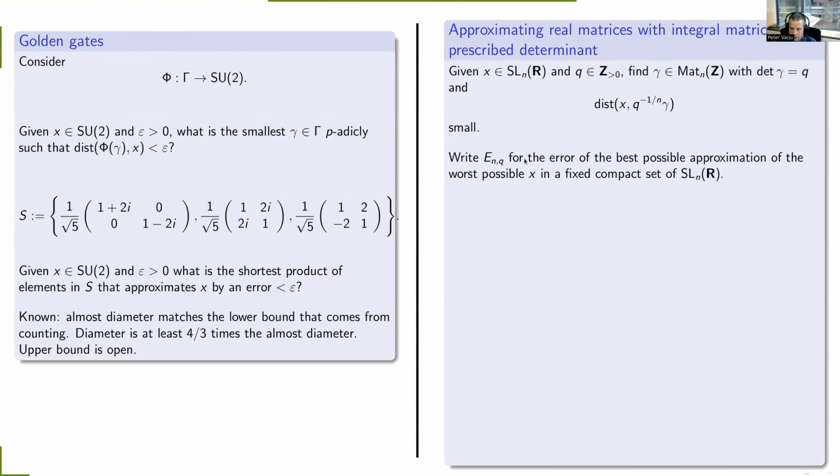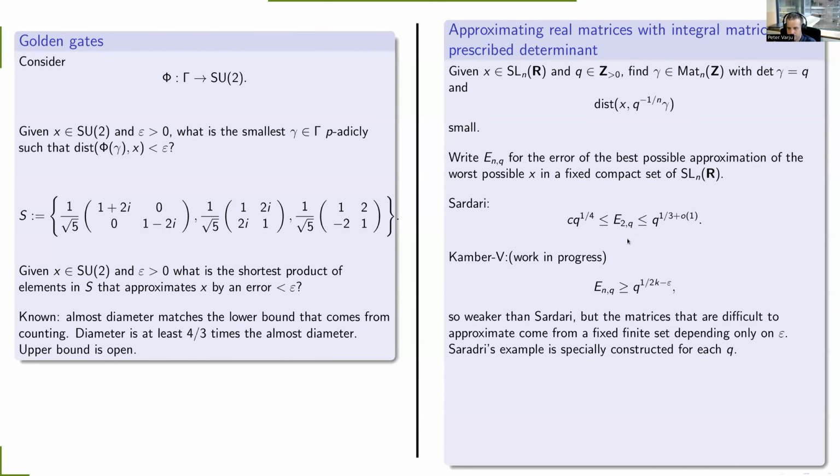And then you can ask what is the best error that you can get. Sardari proved that there is some x for which you can't do better than q to the 1/4. And on the other hand, you can always do it with q to the 1/3.